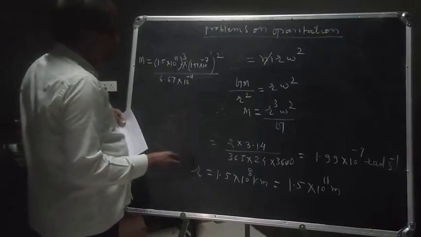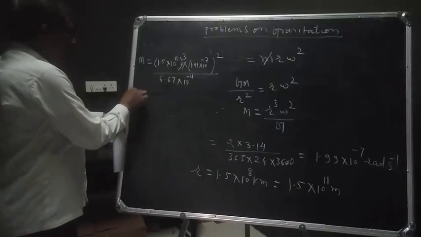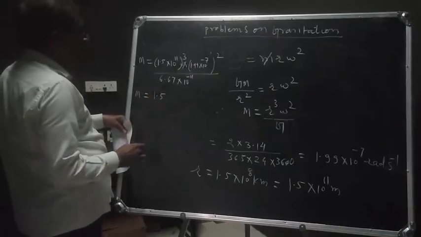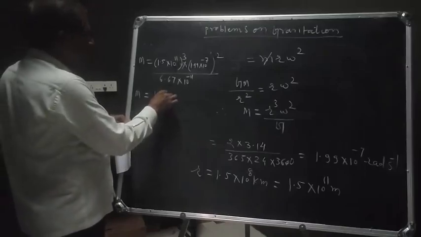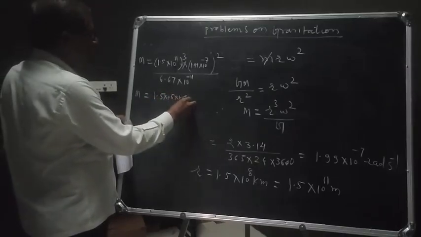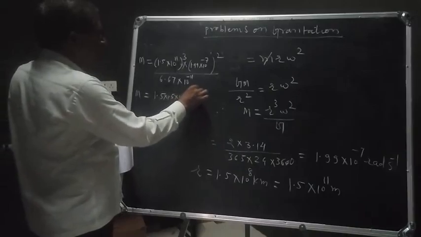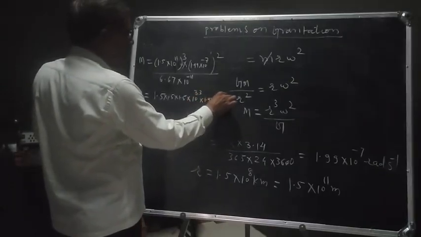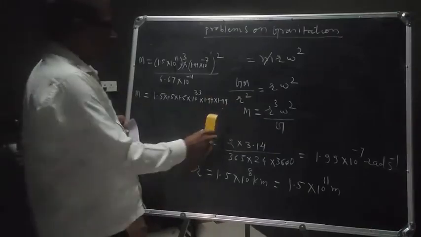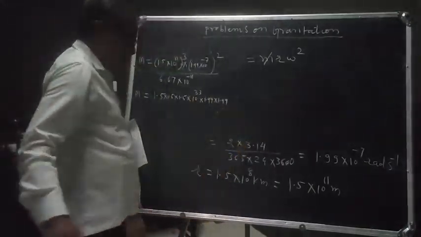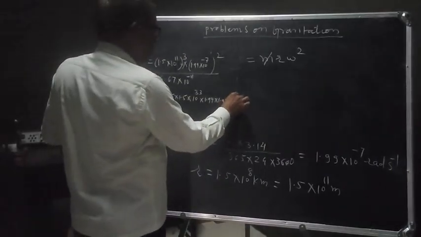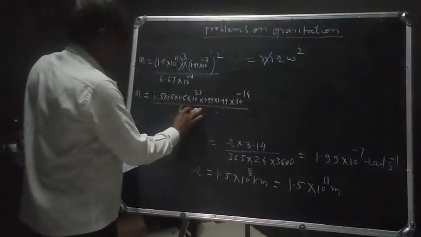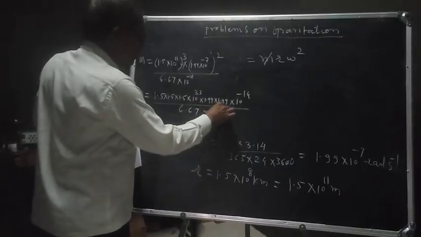Now we'll solve this. It will be 1.5 into 1.5 into 1.5 into 10 raised to 33 and 1.99 into 1.99 into 10 raised to minus 40 upon 6.67 into 10 raised to 11.